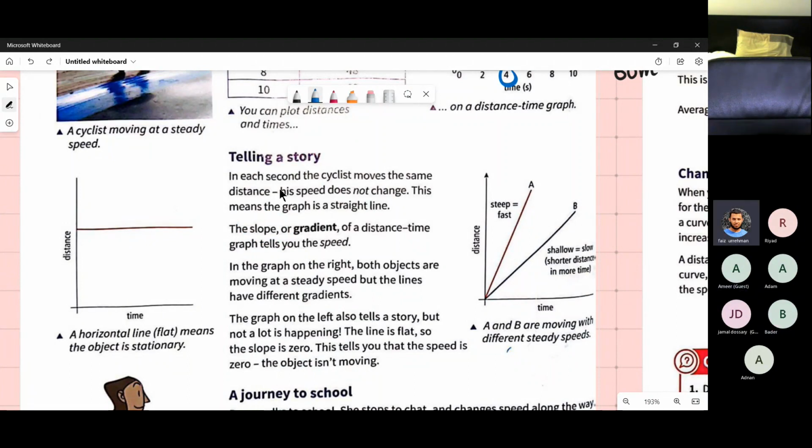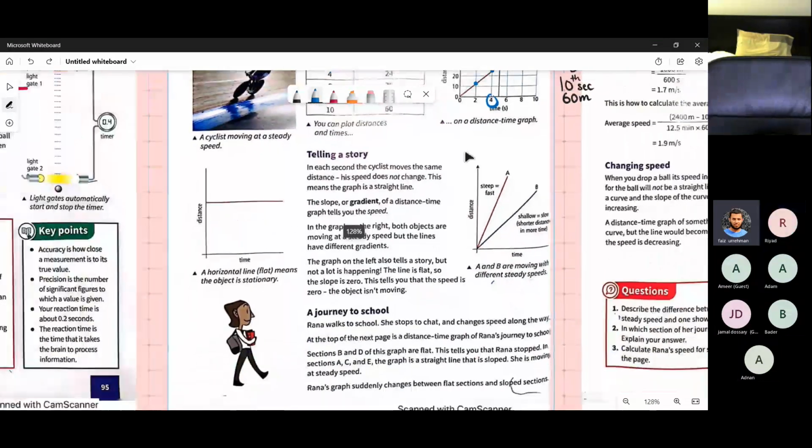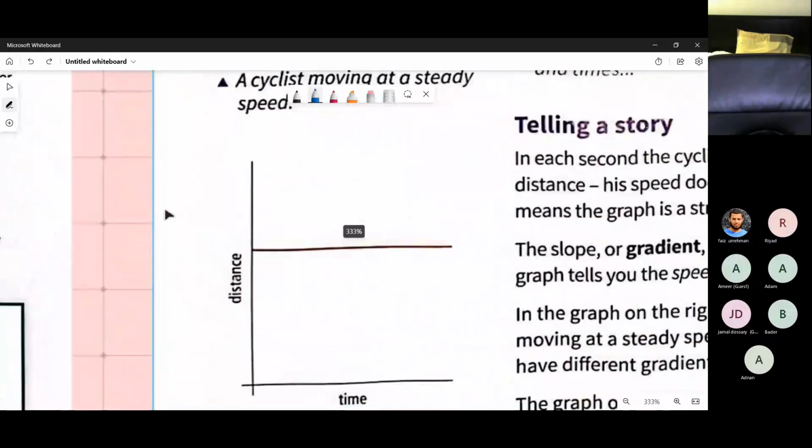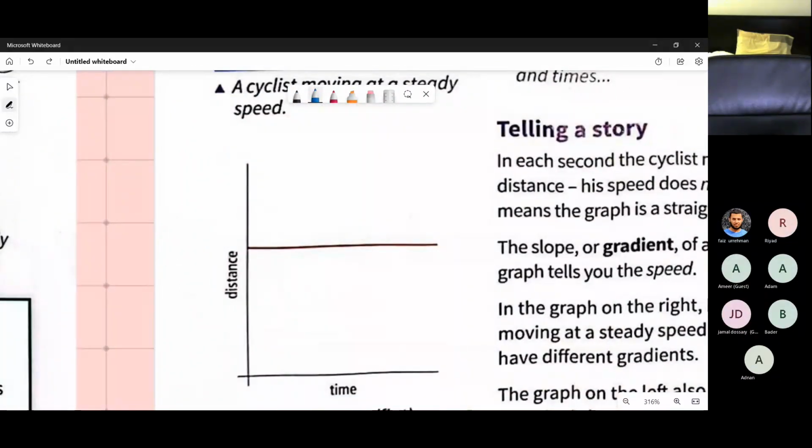How do we find gradient? I forget. Okay, I'll give you an example. Now, in this graph, time is passing.